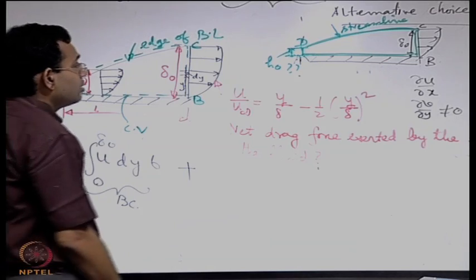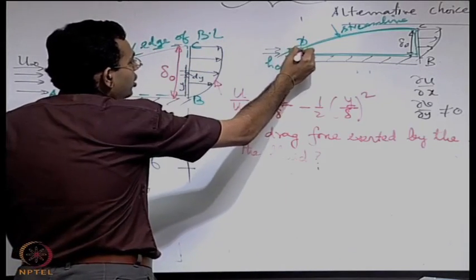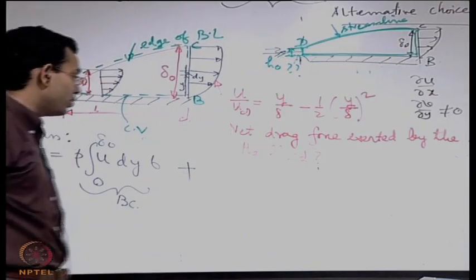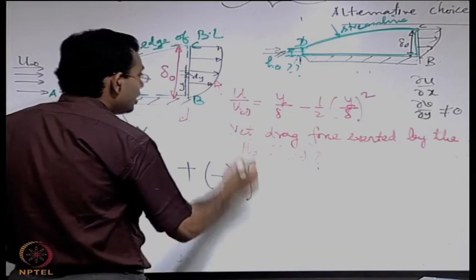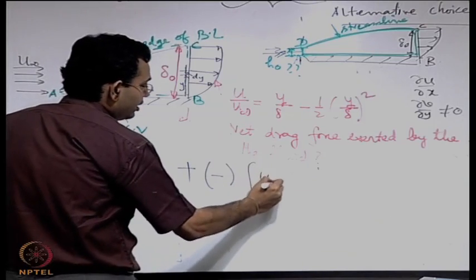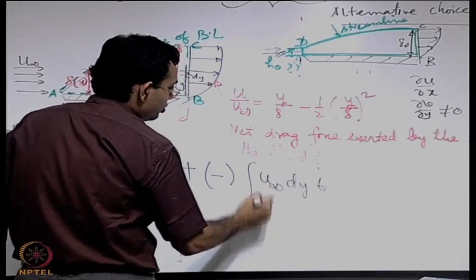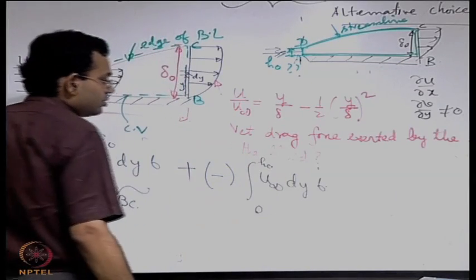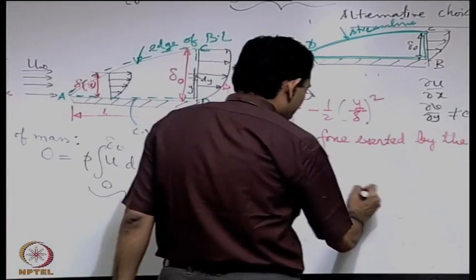Plus or minus? The normal direction is opposite to the flow direction, so with a minus sign, integral of u infinity dy b from 0 to h naught. U infinity is a constant, so from here you can clearly find out what is h naught.